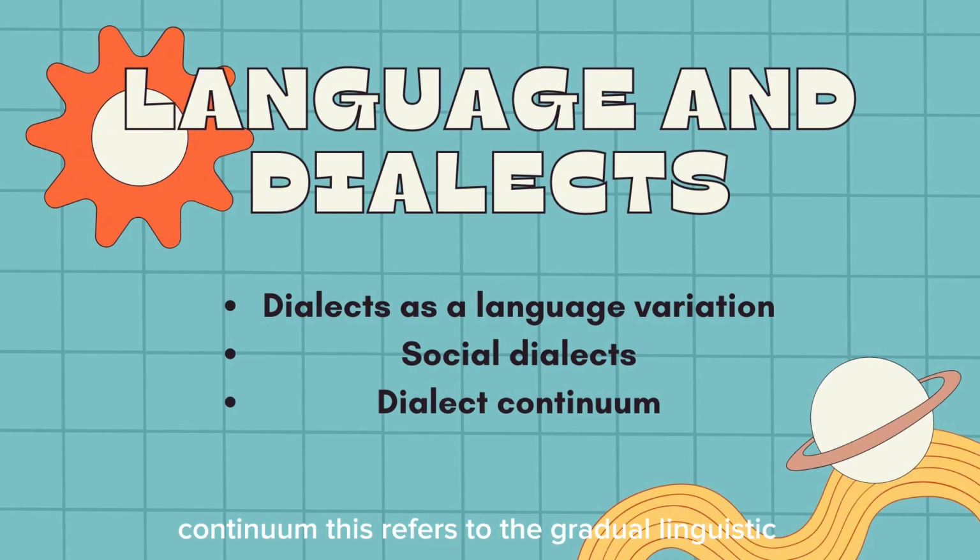This refers to the gradual linguistic changes across regions, leading to the emergence of dialects that are mutually intelligible to varying degrees. Understanding dialect continua helps researchers analyze language variation and contact between different linguistic communities.